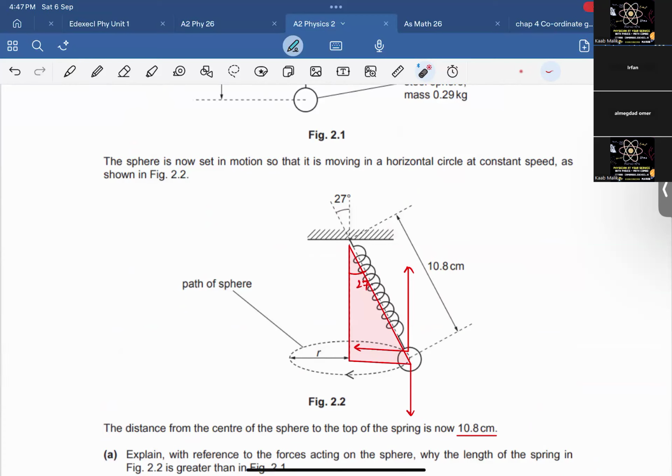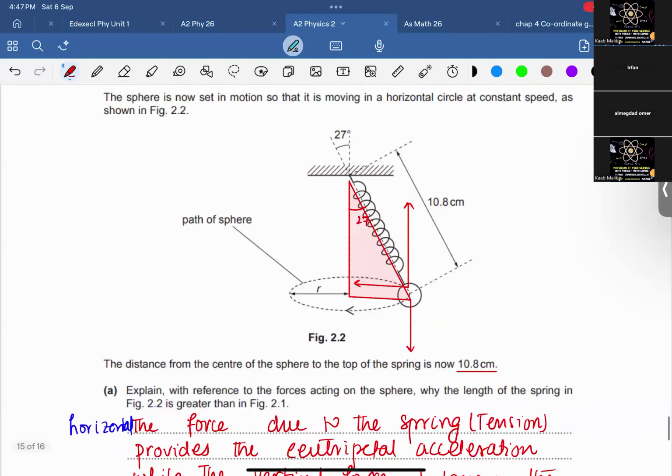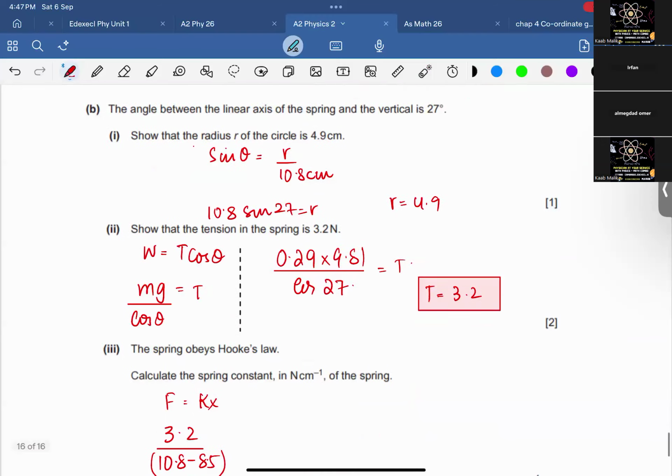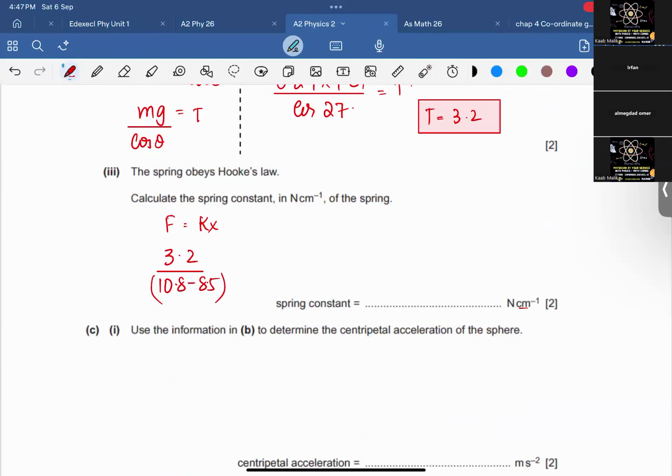The tension in the wire is this much. If we take 3.2, it is basically balanced with the other force. We have to consider the force on the spring. The spring obeys Hooke's law.